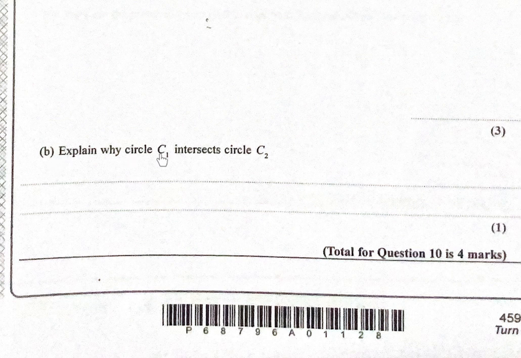B, explain why circle C1 intersects circle C2. If we add the radius for circle C1, R1, plus the radius of circle C2, which is R2, so 13 plus 6 equals 19 centimeter.